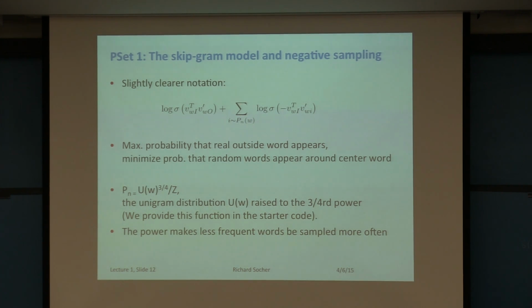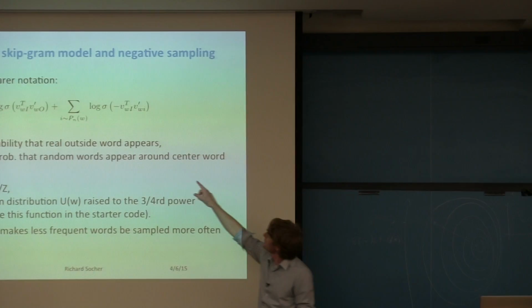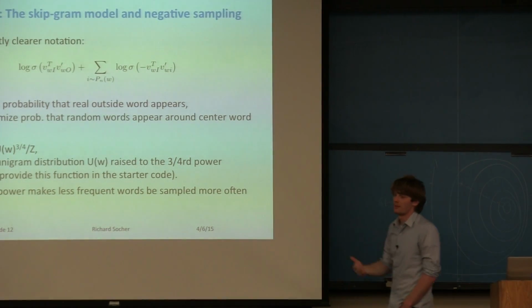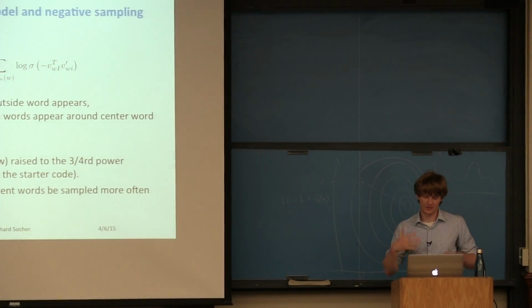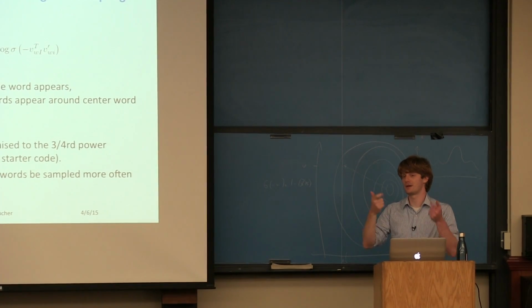It's a good exercise to do at home. And so basically what we're trying to optimize in the second part is 1 minus the probability that those appear. So we basically discourage the model from predicting that a certain word that is random would appear next to that word.